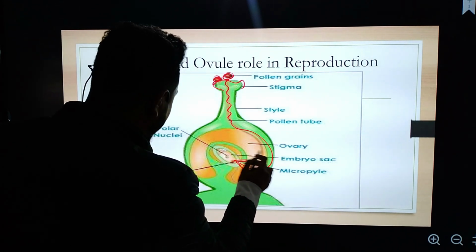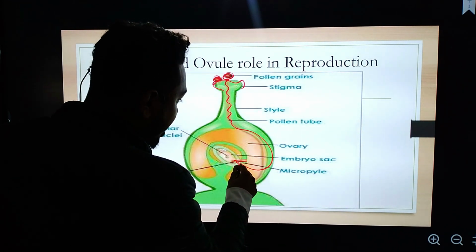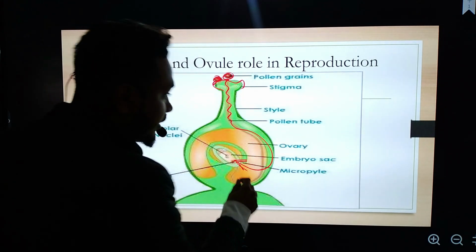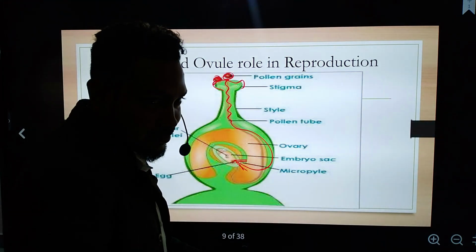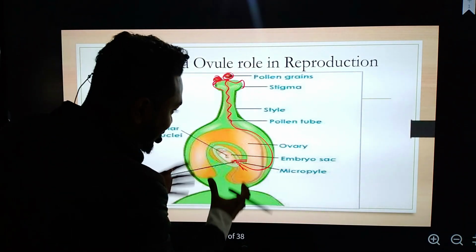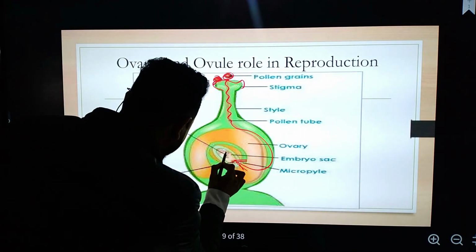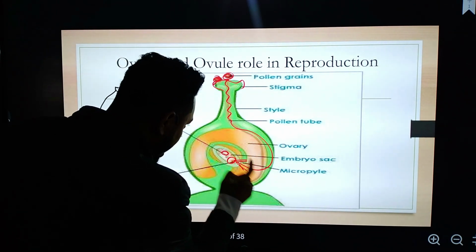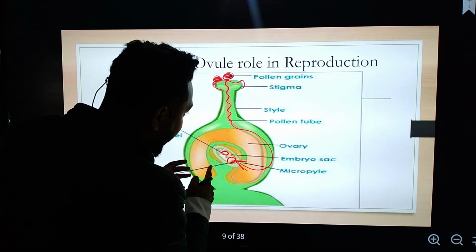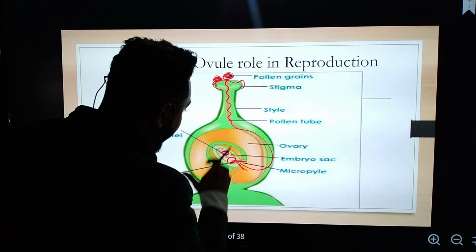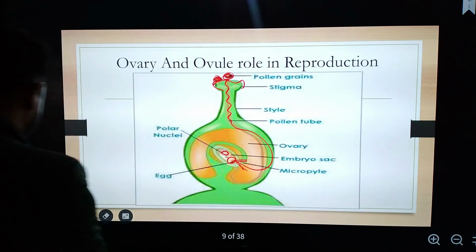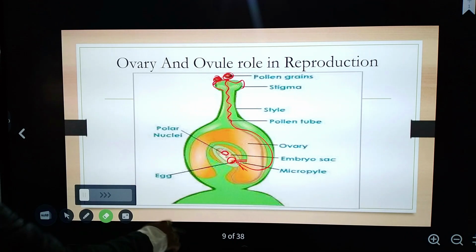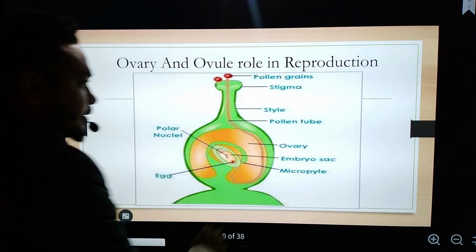Yeah, the ovary, right? Okay, inside the ovary there exists what? No, inside the ovary there exists the ovule. Why are you puzzling me? So inside the ovary there exists the ovule, and in the ovule we know two things, one is known as the pollen nuclei, another one is known as the egg. So this pollen tube goes and touches the egg and they fuse together, okay, and they form a seed. So this is how the process occurs.